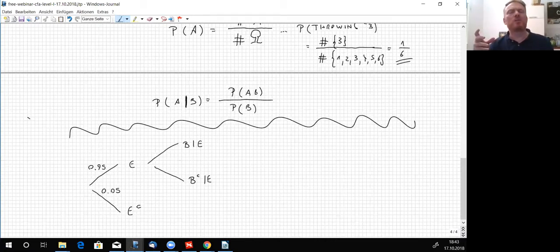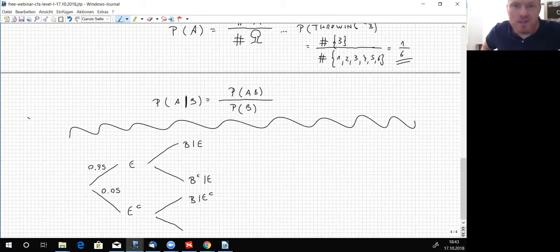Those are the two possible outcomes given the event that the CEO did act ethically. So there is a second level now dealing with bankruptcy. And here, the company could go bankrupt if the CEO did not act in an ethical manner: bankrupt or the complement of bankrupt, given that E complement happened first. So that's important. And of course, again, the two add to 1.